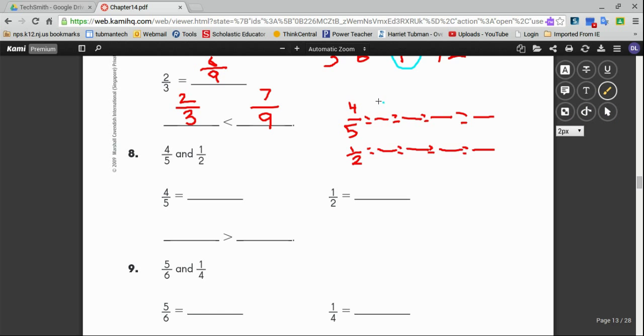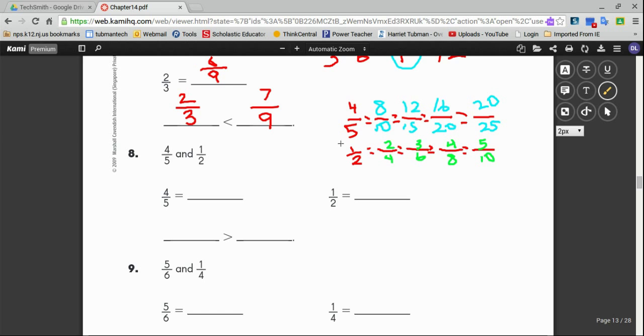So 4, 8, 12, 16, 20, 5, 10, 15, 20, 25. Okay, over here for 1/2. 1, 2, 3, 4, 5, and 2, 4, 6, 8, 10.